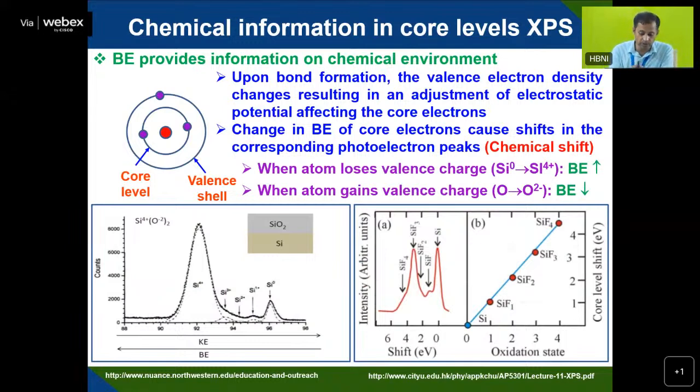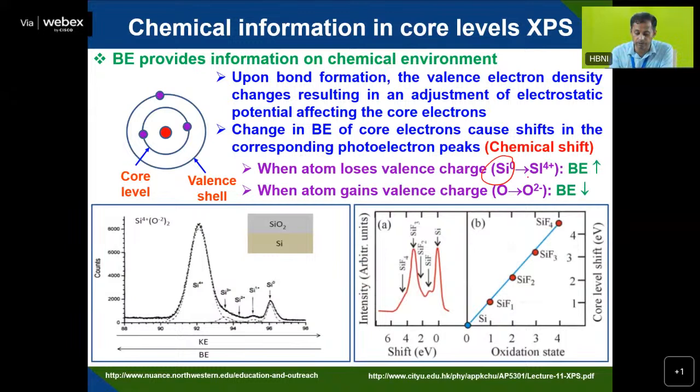When an atom loses valency charge, the binding energy will increase. When the atom gains valency charge, the binding energy will decrease.